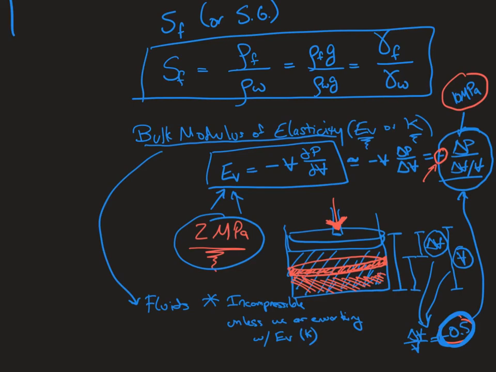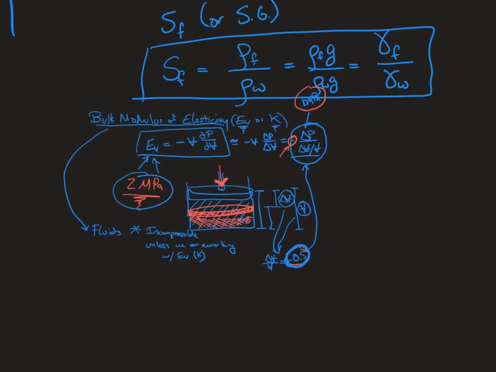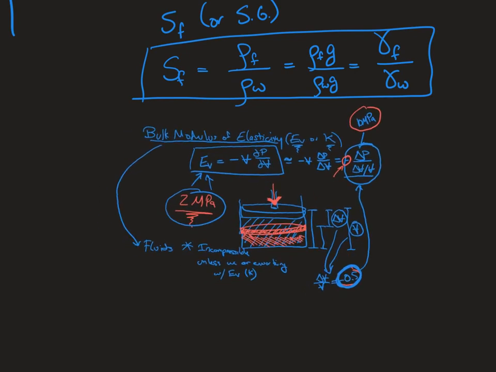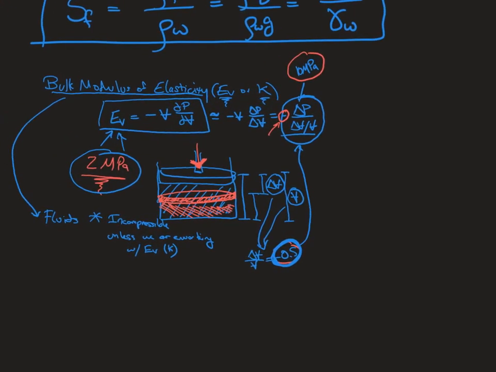So the last thing we want to note about this bulk modulus over here, which has grabbed my fingers in a weird way, is that the denominator here is unitless, which means that the bulk modulus has the same units as pressure. So that means it's going to be a pressure, which is a force over an area.